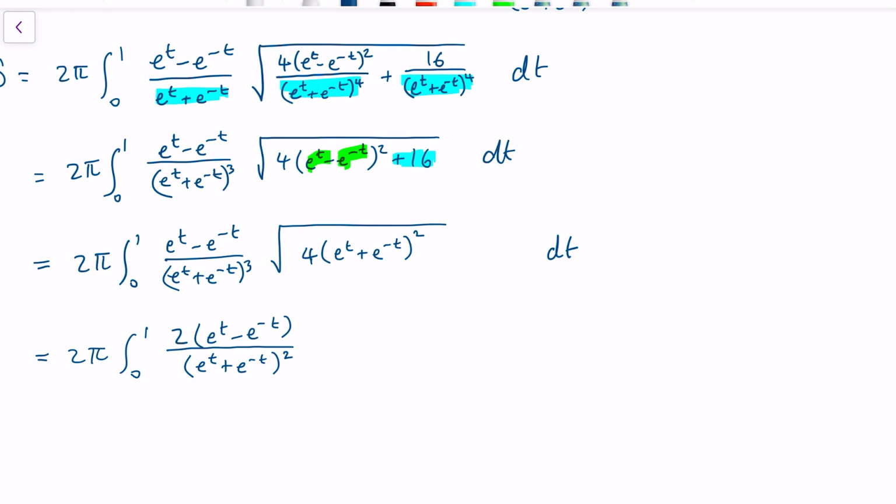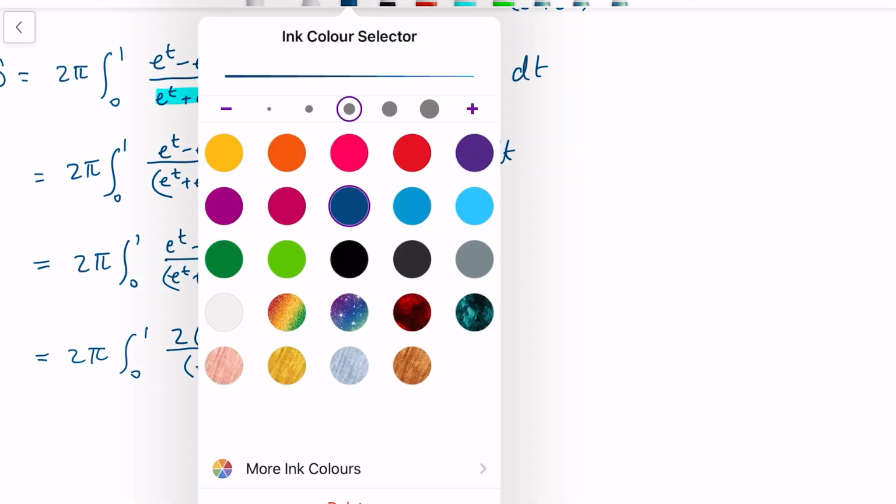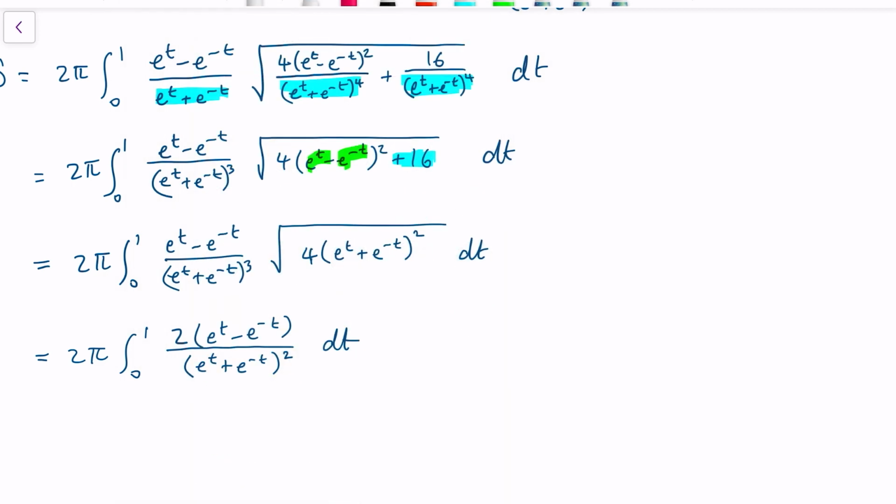Okay, now I'm going to use a substitution. And if in doubt, make something in the denominator the substitution. So I tried a couple of substitutions, to be honest, but this is the one that worked for me. If I go e to the t plus e to the minus t as my substitution, remember whenever you make a substitution you should differentiate it as well.